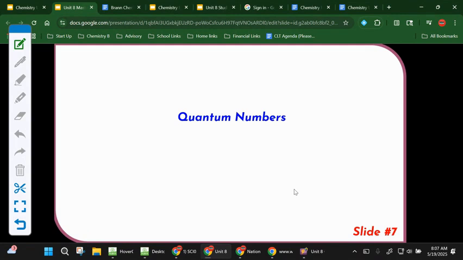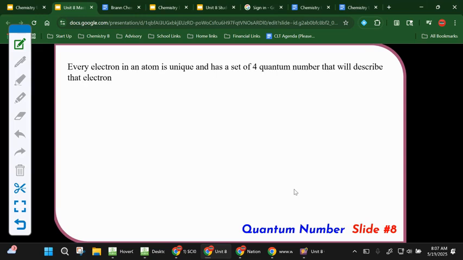Okay? Well, we are going to describe an atom's or an electron's address in 4 ways. There are 4 quantum numbers, ladies and gentlemen. Every electron in an atom has a unique set of 4 quantum numbers that will describe that electron. Now think about this for a minute. Lead has how many electrons in it? 82.